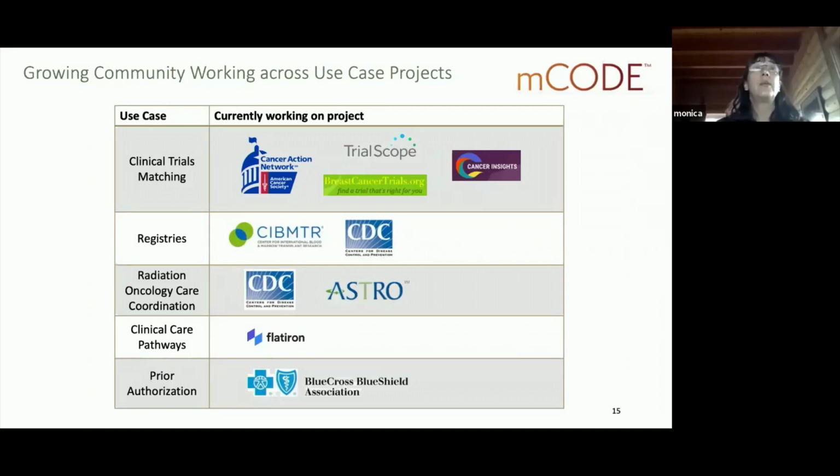There are registry reporting use cases underway, a radiation oncology care coordinating use case, clinical care pathways, and a prior authorization use case. All of these are under execution by Codex, and all of these organizations listed here are participating in the mCODE community of practice.